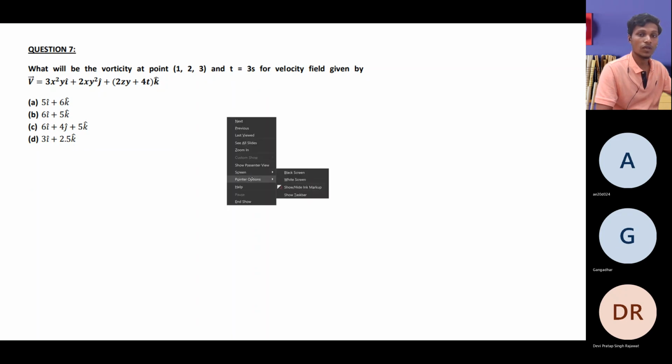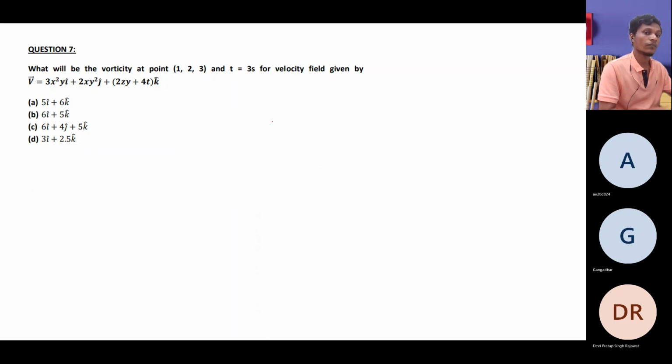So how do we find the vorticity? What is the equation behind that? First of all, we need to understand what vorticity is.